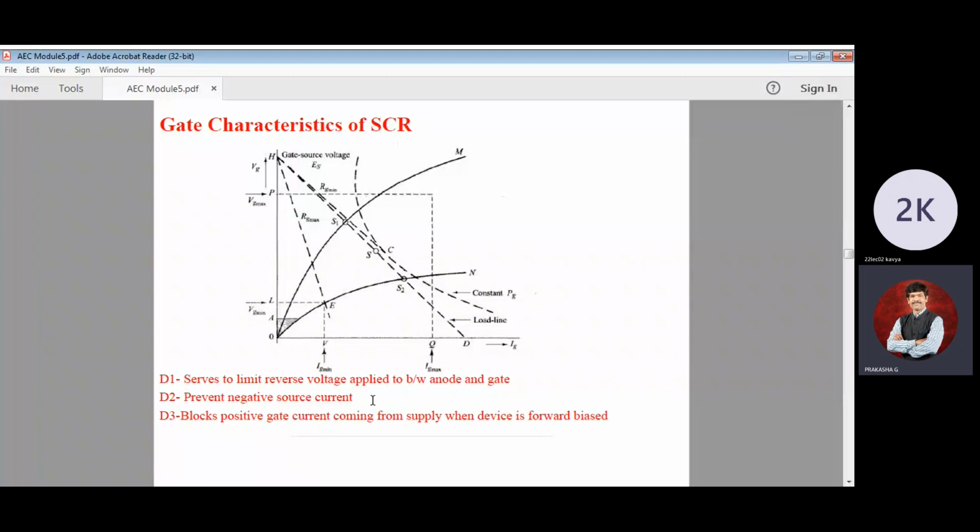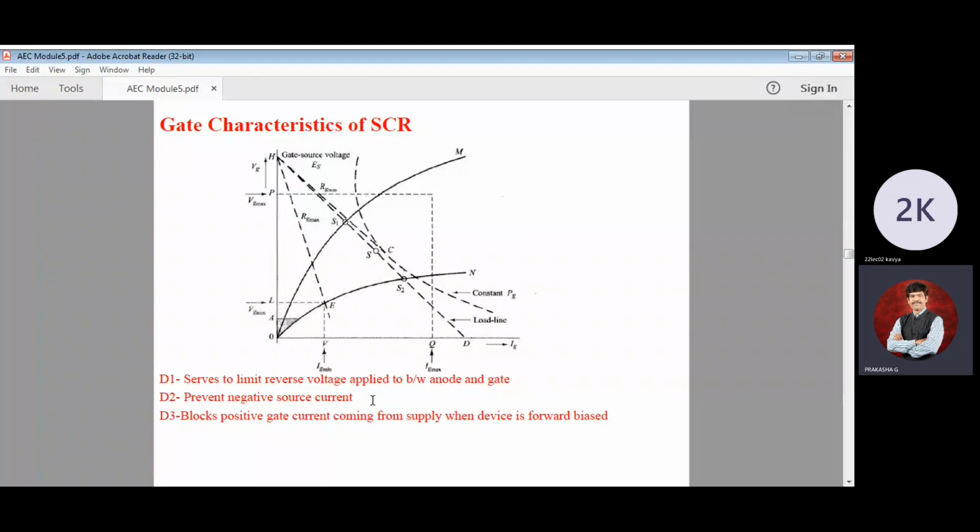So D1 blocks the reverse voltage across the anode and gate. D2 prevents the negative source current.